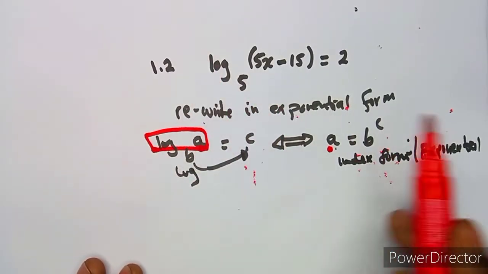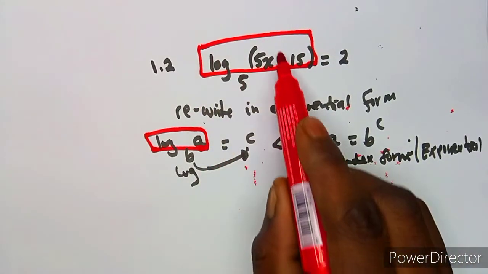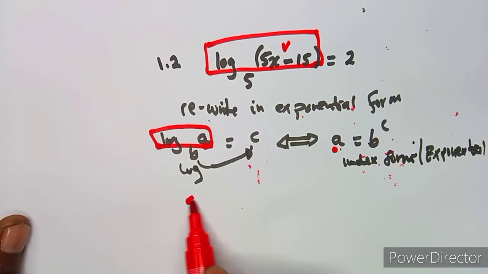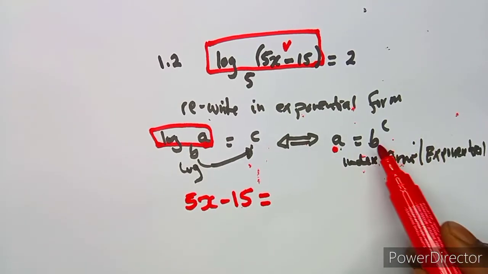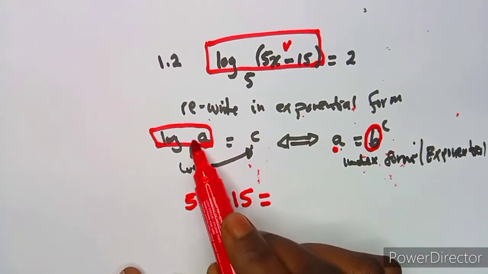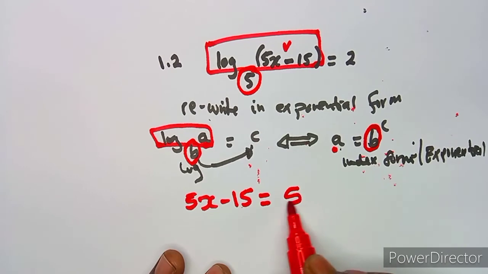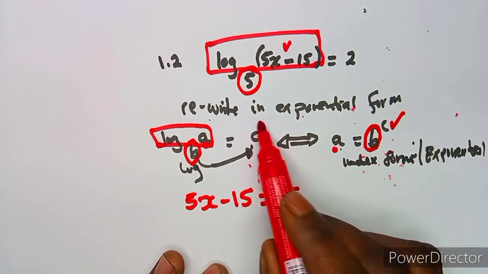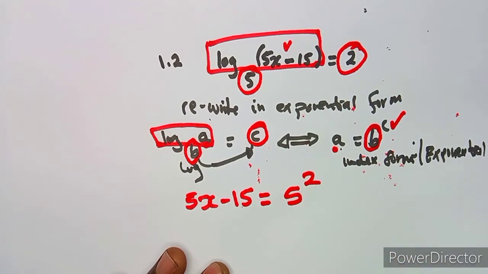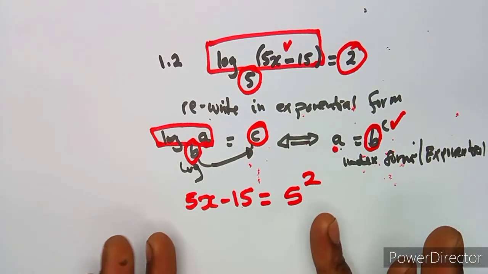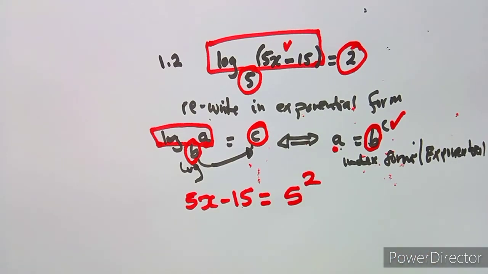So my A is 5x minus 15 like this, which is equal to B, the base, and B is our base here. So it's 5 to the exponent of C, which is the answer to the logarithm, and the answer to the logarithm is 2.